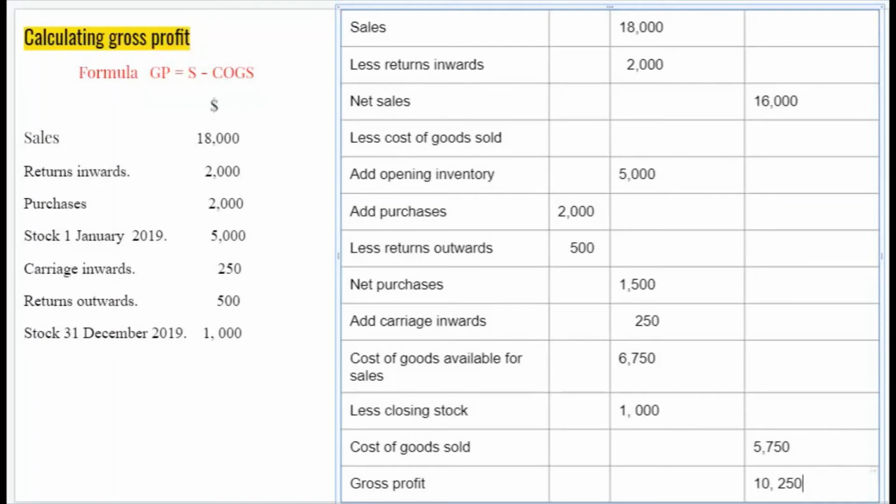And finally, do I have any stock leaving the business? Once you have stock, it is referred to as a closing stock. You subtract from your cost of goods available for sales, and that will give you your cost of goods sold. Once you get your cost of goods sold, then you can clearly state your gross profit, because then you will minus your cost of goods sold from your sales and you will get your gross profit.